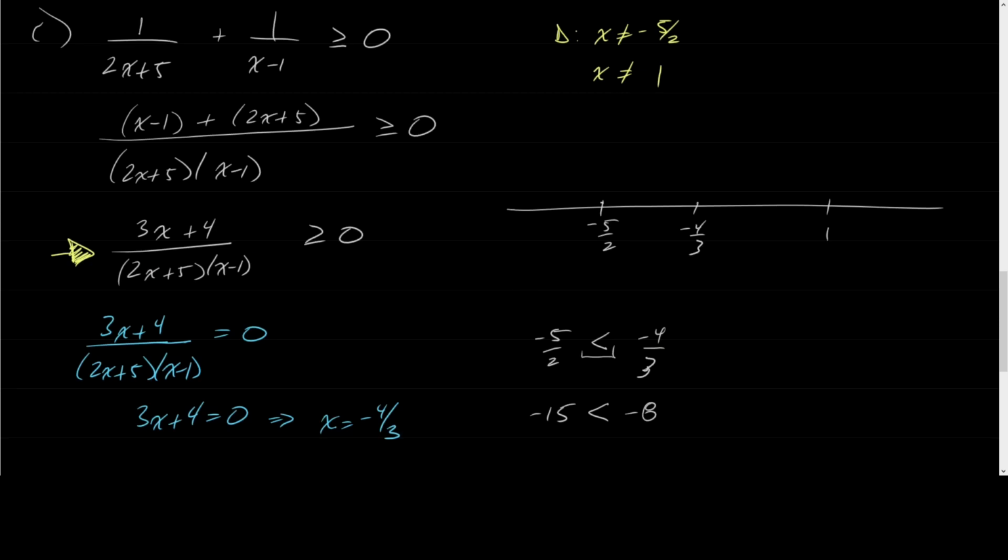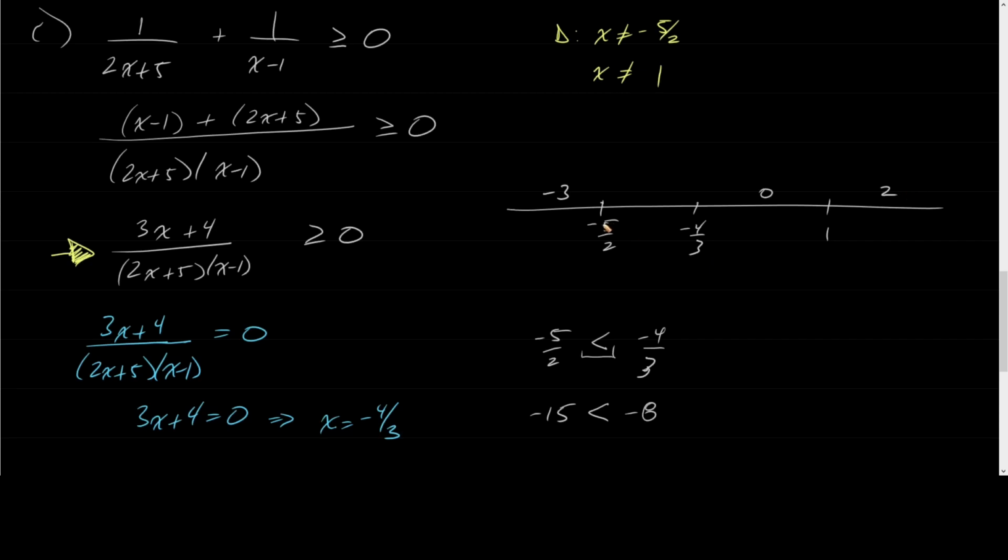Now, let's see. What can we use to test around some things? To the left of negative 5 halves, well, that's negative 2.5, so we can test negative 3. To the right of 1, we can test 2. Between negative 4/3 and 1, we can test 0.